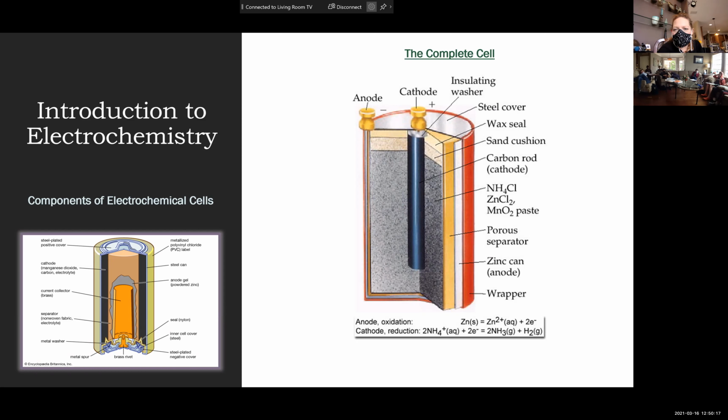The metal's conductive, but the conducting only comes out of that little cathode button and not all over the whole top. You ever get one of these regular AAs with the button on it and you don't have it lined up perfectly and it won't go? So this wax seal is doing the job of keeping this washer, the wax seal, and the porous separator in place. I don't even know what a porous separator is made of, probably some kind of paper.